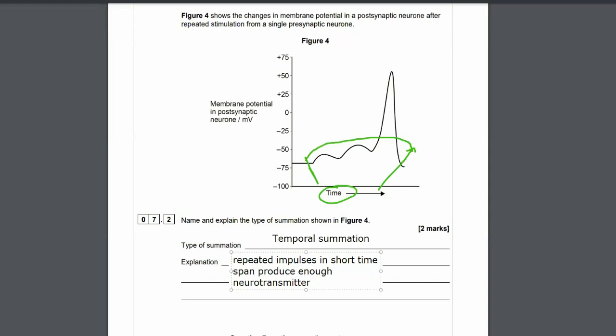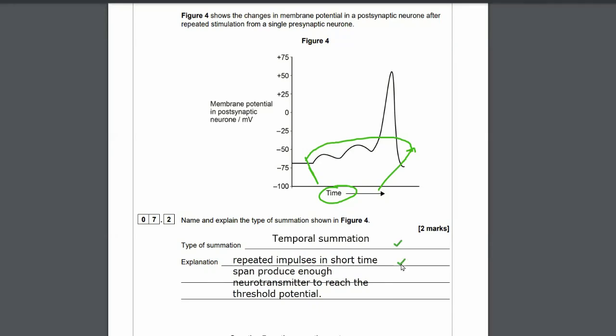So we've got repeated impulses in a short time, releasing multiple amounts of neurotransmitter into the synaptic cleft, which combine to depolarize the postsynaptic membrane and form an action potential by crossing the threshold. That's known as temporal summation.